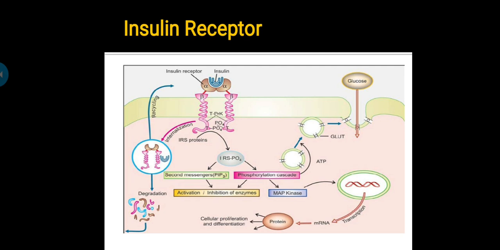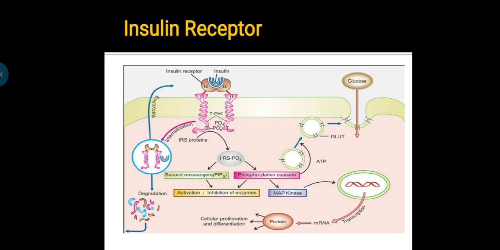That leads to downstream events like the second messenger PIP3, a phosphorylation cascade, and activation and inhibition of enzymes. There is also stimulation of MAP kinase, which increases transcription of different proteins, and cellular proliferation and differentiation are also enhanced by insulin.